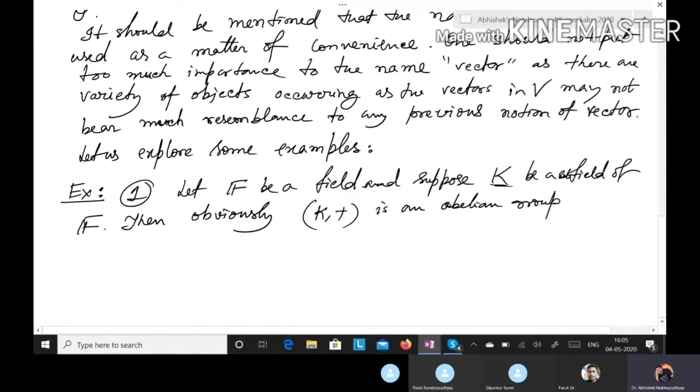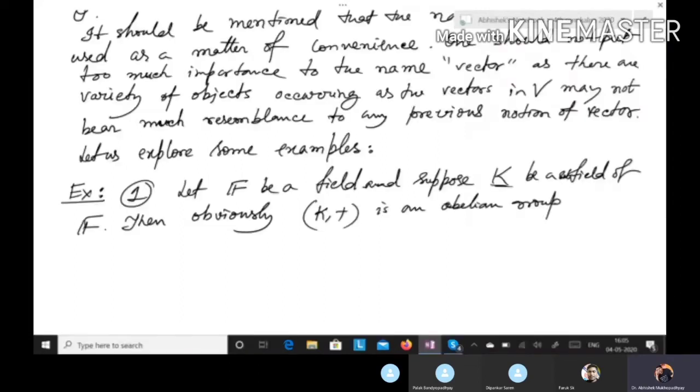So you do not need to check, because it is a subfield, so it is itself an abelian group. And now considering the multiplication induced in K as the scalar multiplication, then one can show that this K forms a vector space over F.